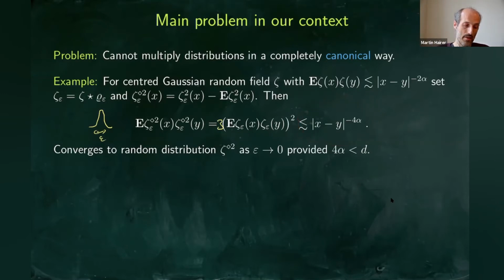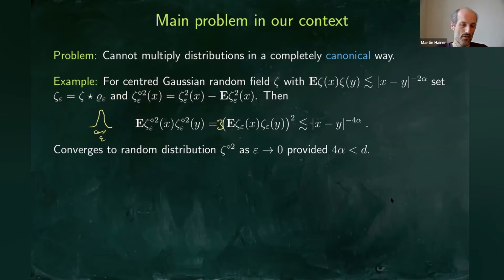And the important fact here is that as long as 4 alpha is less than the ambient dimension, the dimension of the ambient space, this is still locally integrable, right? And so in particular, it's a well-defined distribution. And then one can check that in that case, this field here has a limit as epsilon goes to 0.